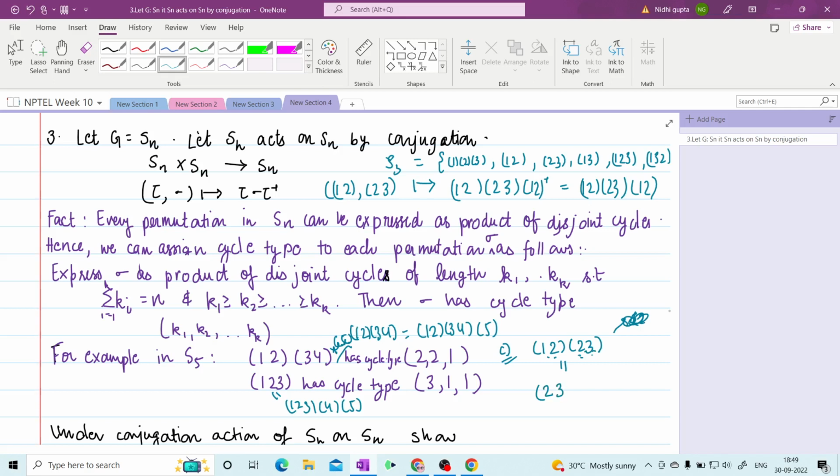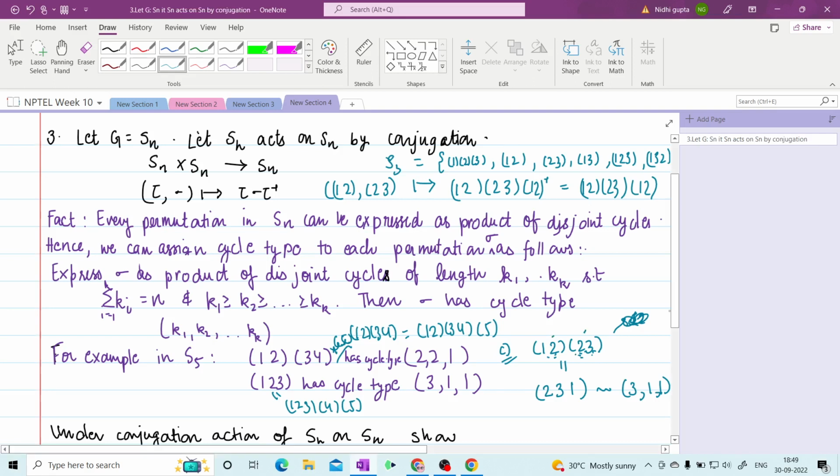Now 3 goes to 2, and in here 2 goes to 1, so this is basically 2, 3, 1. And 1 goes to 2. So we see that this is (2 3 1), which will have cycle type 3, 1, 1. So be careful when a permutation is not expressed as a product of disjoint cycles. First you convert it into a product of disjoint cycles and then write the cycle type.